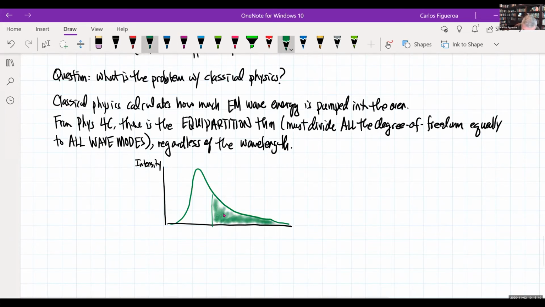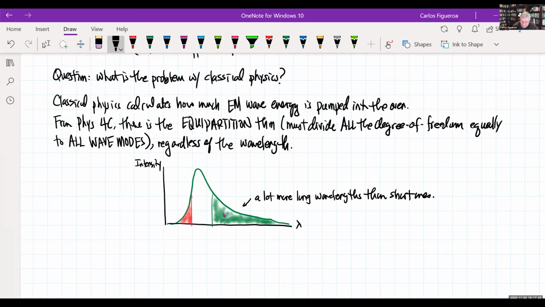And if you look at these guys right here, as I'm saying, there's a lot more long wavelengths than short ones. So you can see that there's a problem when you just look at the radiation curve.